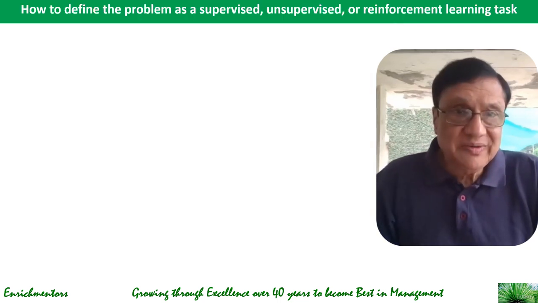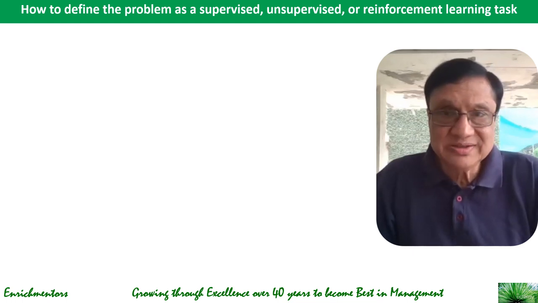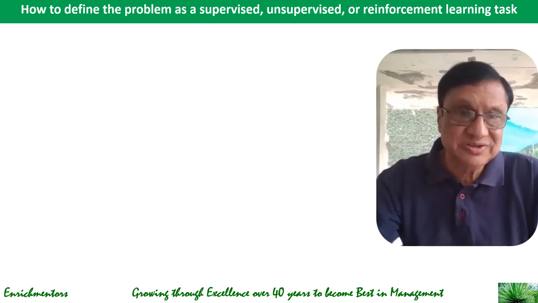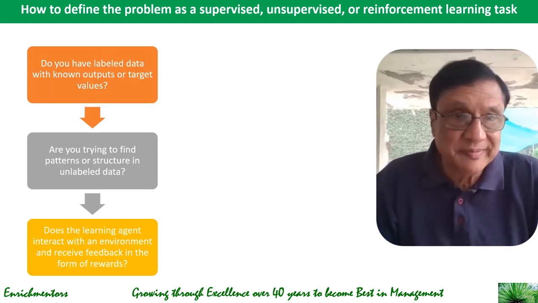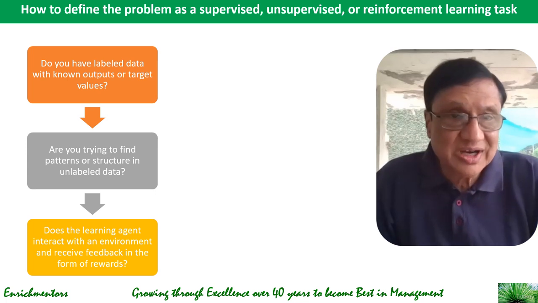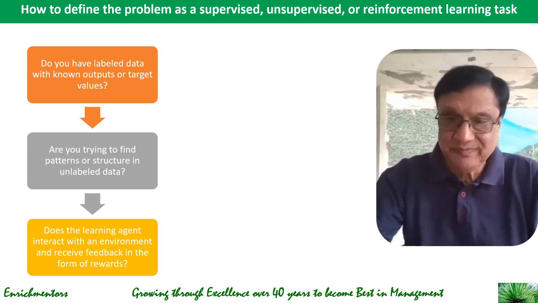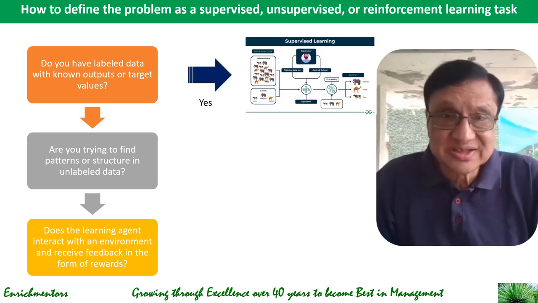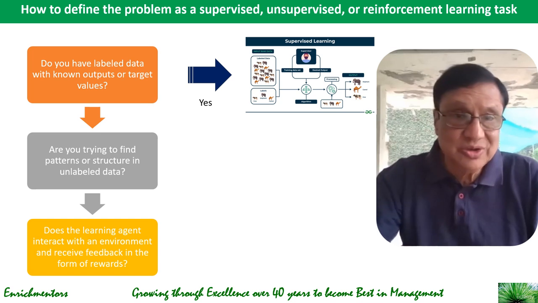To define the problem as supervised, unsupervised or reinforcement learning, you need to ask a few questions. You need to ask three questions, and let's take them one by one. The first question is, do you have labeled data with known outputs or target values? If the answer is yes, then this is clearly a supervised learning task. If the answer is no, then you go ahead and ask the second question.